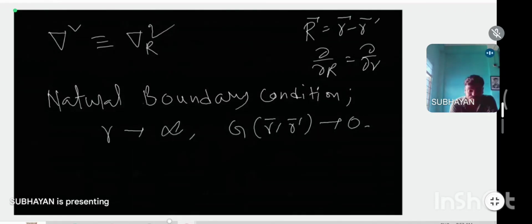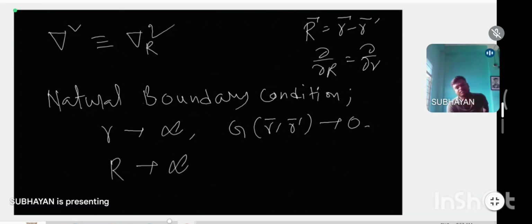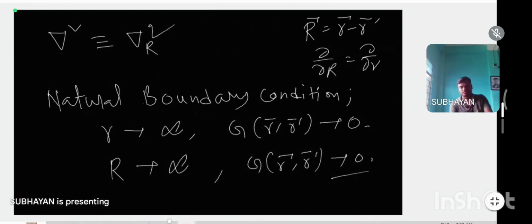You can write at r tends to infinity means capital R also tends to infinity, and G is also tending to 0. So the operators and the boundary conditions are all compatible with this coordinate transformation.